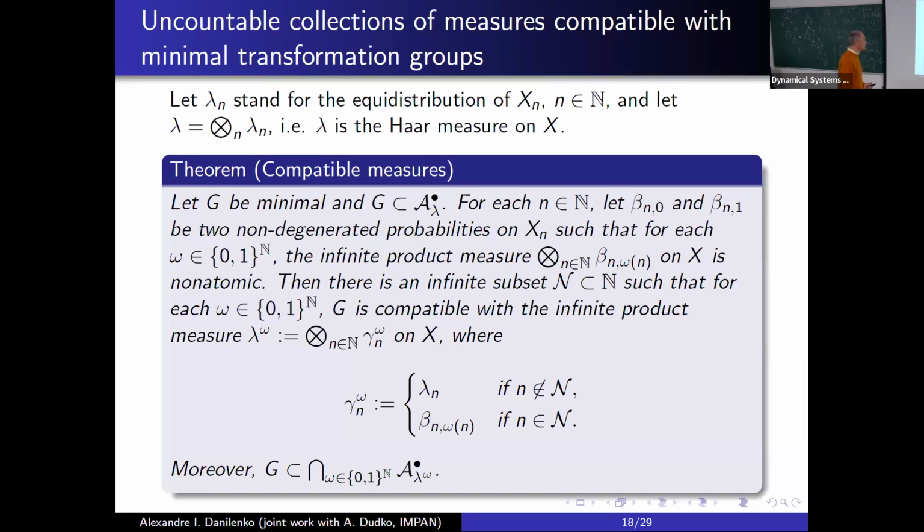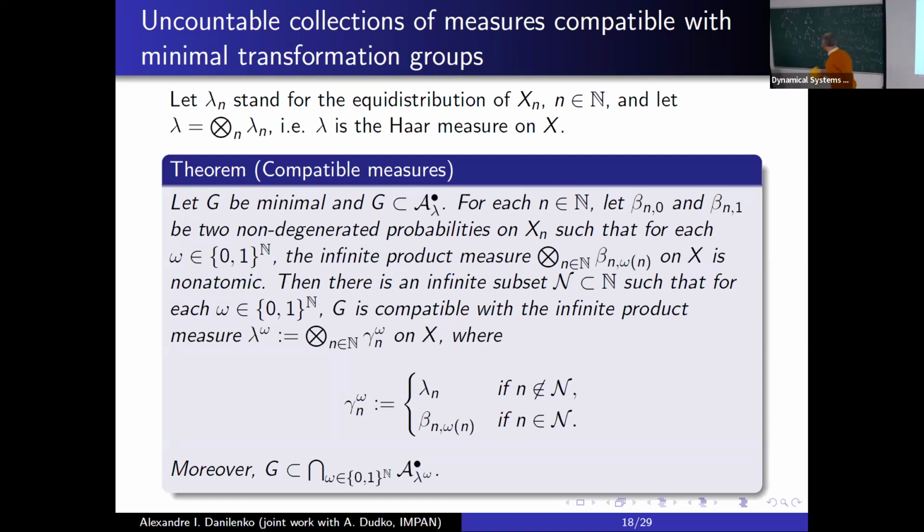Then it's possible to find an infinite subset N such that for every omega, an infinite sequence of 0, 1, G is compatible with the infinite product measure lambda omega, where lambda omega is like that. And moreover, G is purely finitary for every such measure lambda omega.